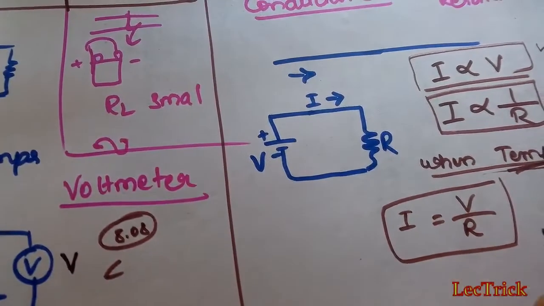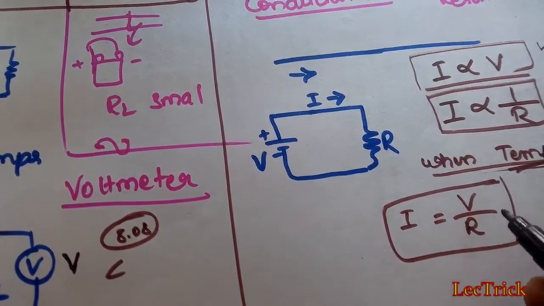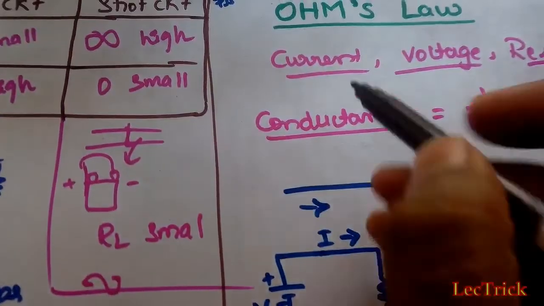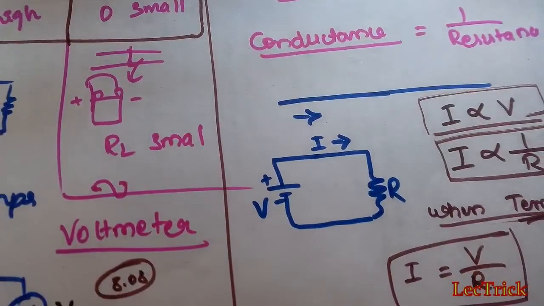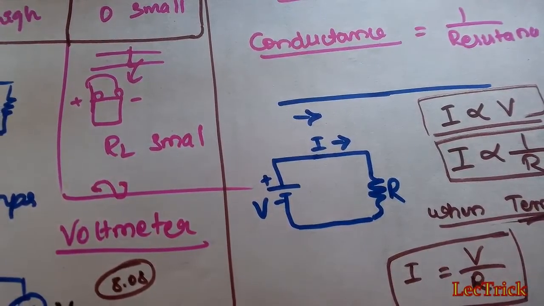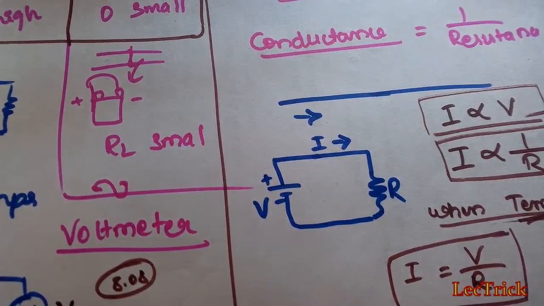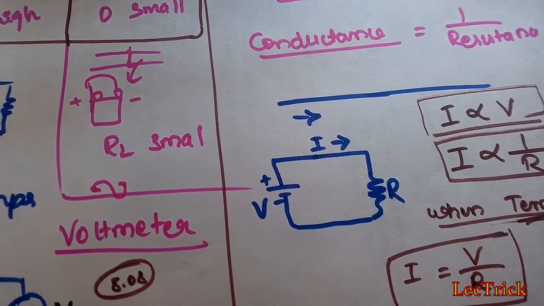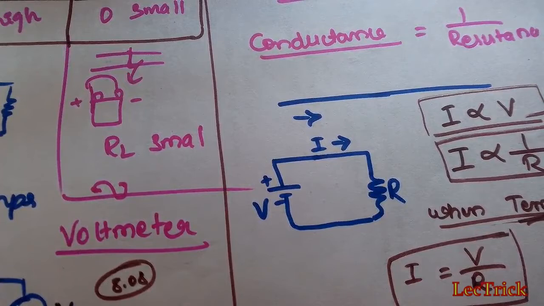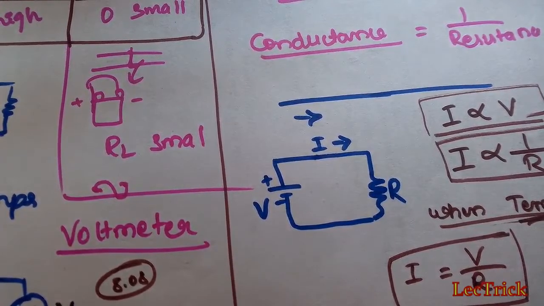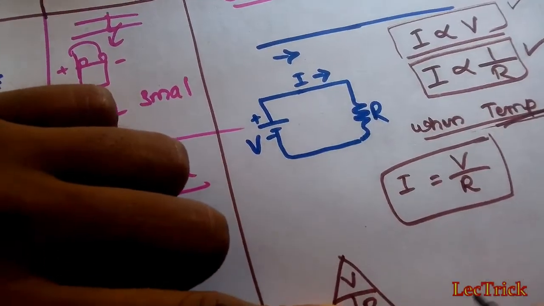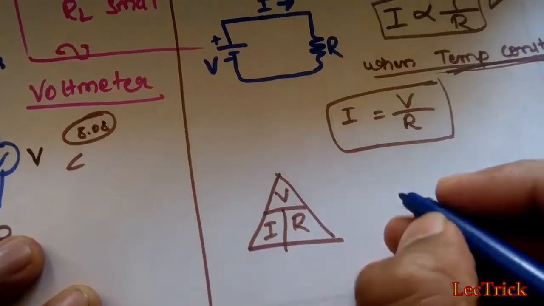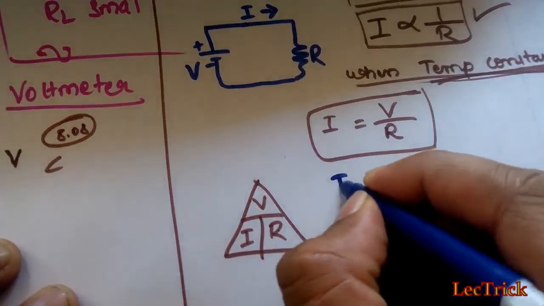This is a very basic and very important law for electrical engineers. I is equal to V by R. There is an Ohm's law triangle.